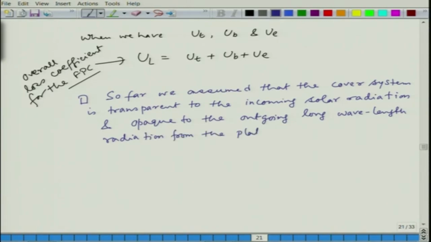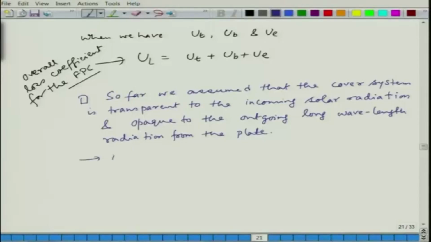It is kind of wishful thinking. It is not like the cover system will completely be opaque to the long wavelength radiation coming out of the plate. We want it that way, but that will never be the case.